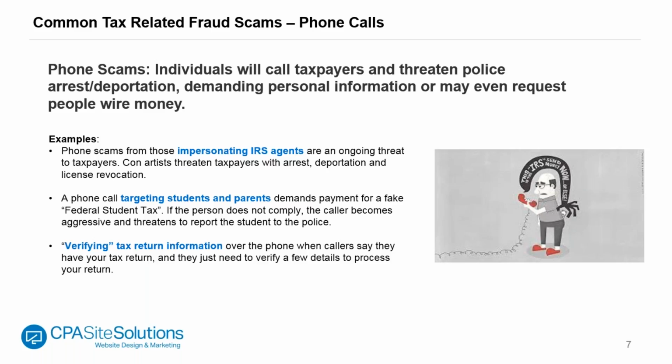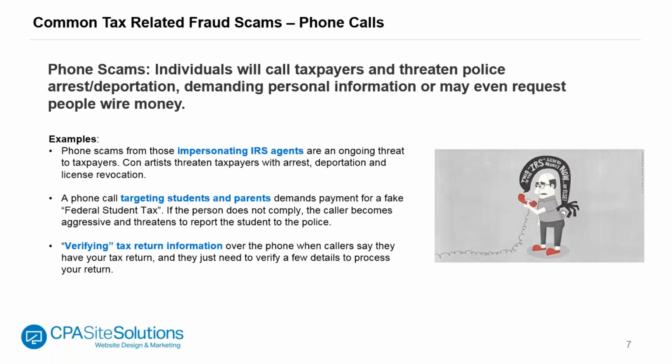This isn't something that happens just at tax season, but as tax season comes along, you may have clients who say, someone called me yesterday and said they were an IRS agent and that I needed to give them some money, or I needed to give them my W-2 information, confirm my W-2. There's another one where phone calls are targeting students, saying give us money so that you don't have to pay the federal student tax.